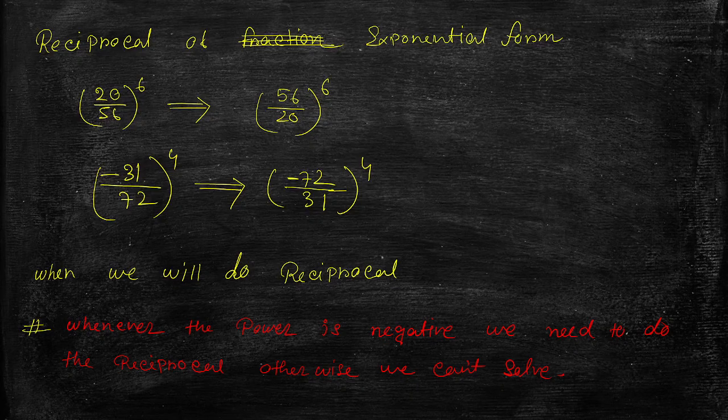Now how it works. Suppose something is written as minus 3 by 4 to the power minus 2. Now remember, I didn't say square, because that is applicable only for positive 2. For minus 2, we need to say it like minus 2.